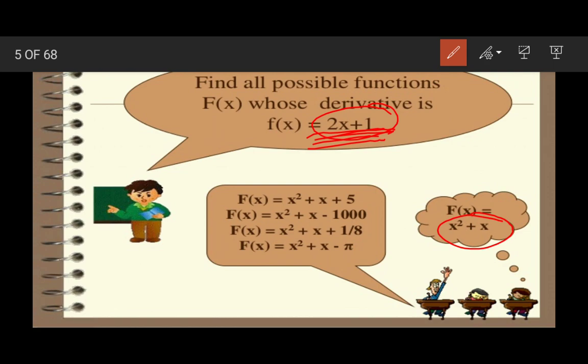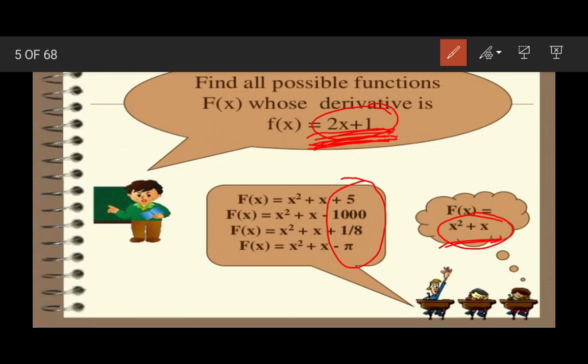We don't get any constant value. Why? Because derivative of a constant is 0 and hence we are not able to find any constant by integrating this derivative. So when we remove derivative, we get only the function.